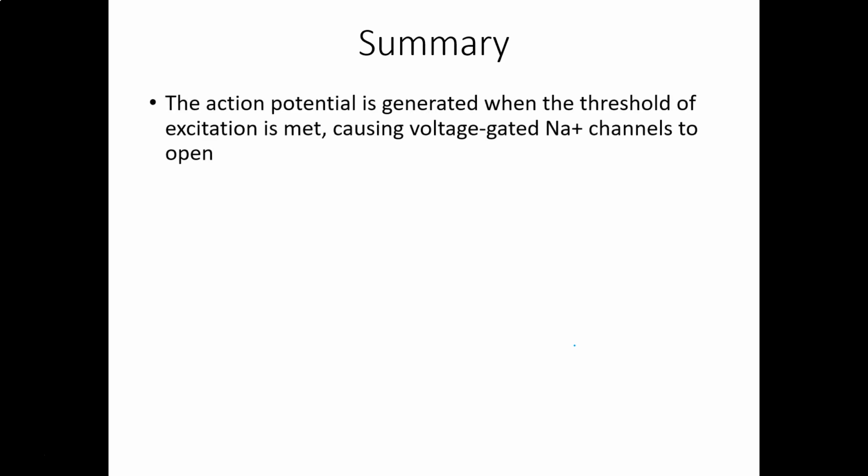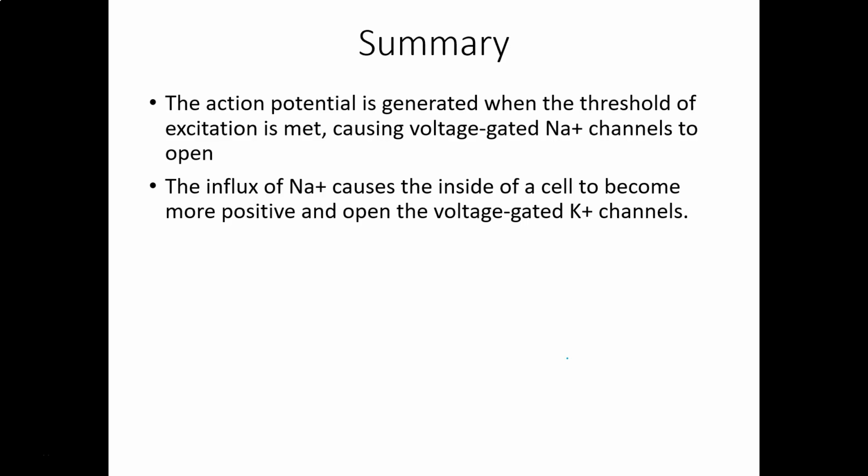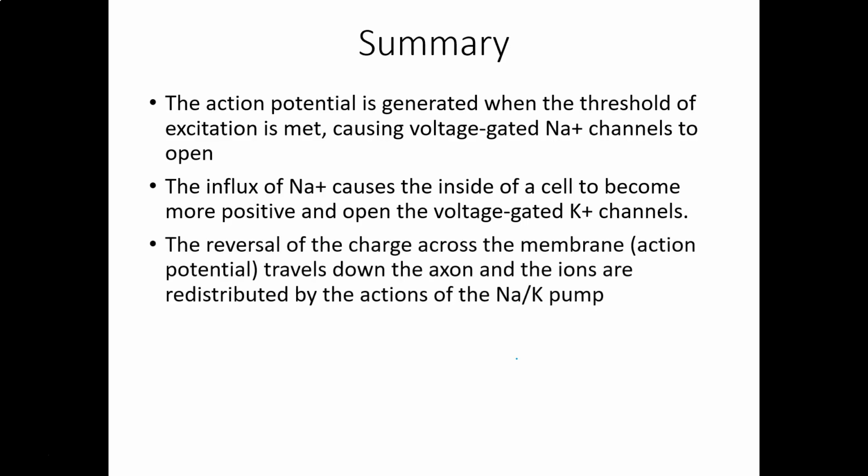We've talked about the action potential being generated when the threshold of excitation is reached, at which point voltage-gated sodium channels open. We talked about the fact that sodium entering inside of the axon is what causes the membrane potential to become more positive, ultimately opening voltage-gated potassium channels.